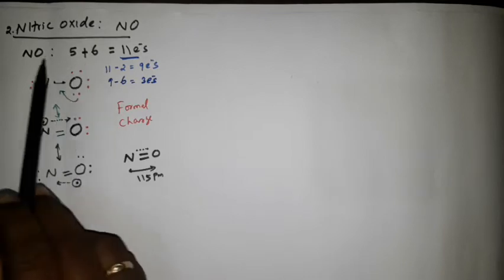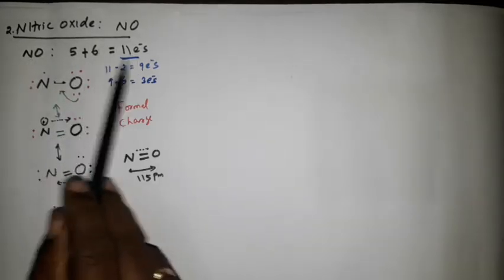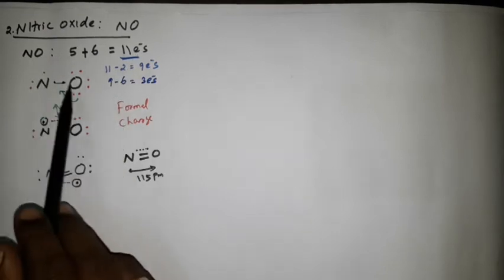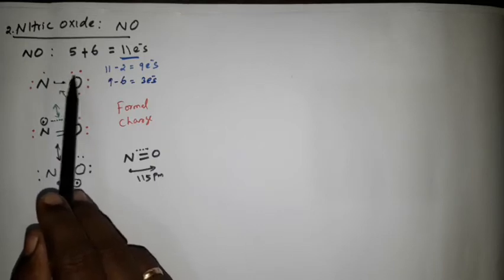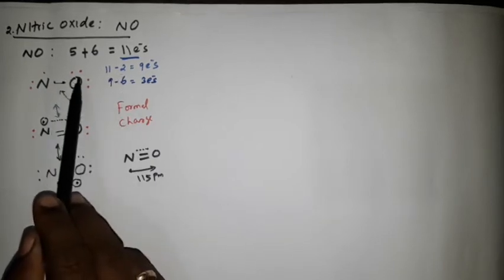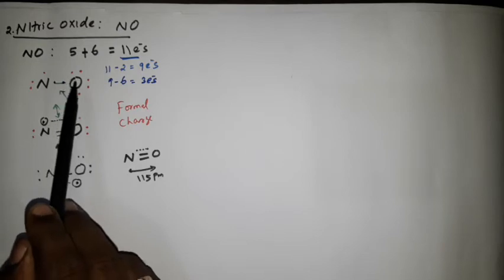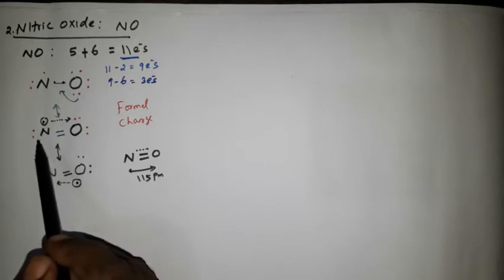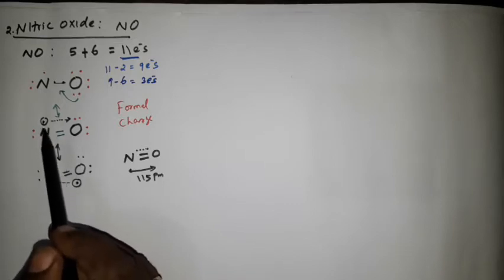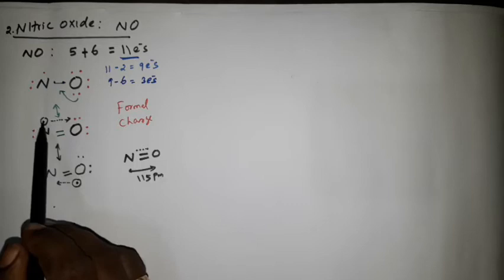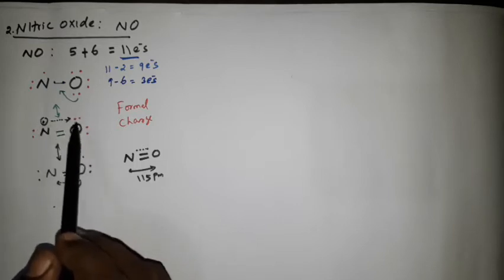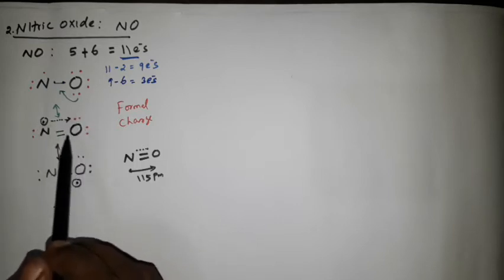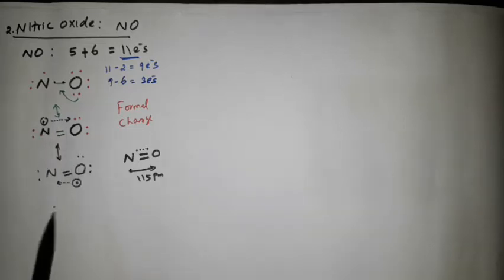First calculate the total number of valence electrons, write the atoms, make a single bond, then share the electrons to the oxygen atom. Then the oxygen atom will contain 8 electrons. Then check the remaining electrons for nitrogen. Actually this nitrogen has 7 electrons. One electron can be transferred to the oxygen atom, and the oxygen atom will get one excess electron. This excess electron can also transfer to the nitrogen atom. So this is the structure of nitric oxide.